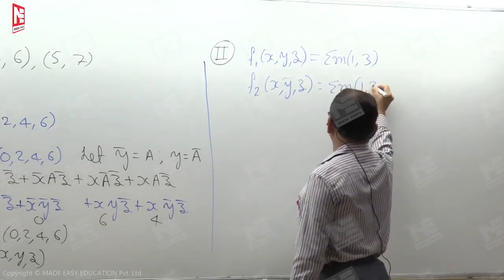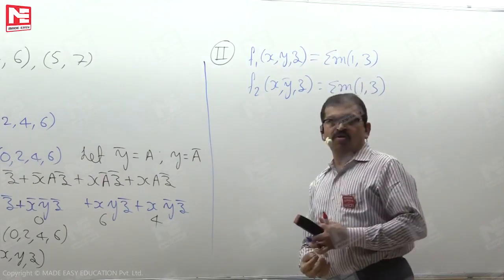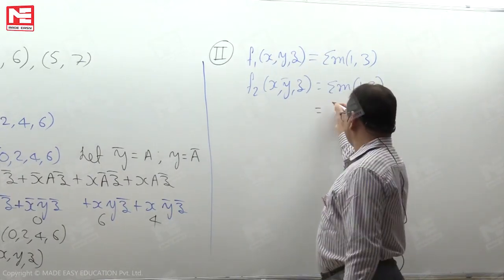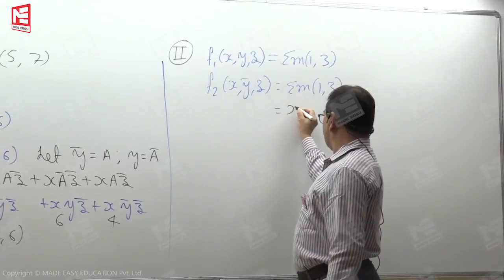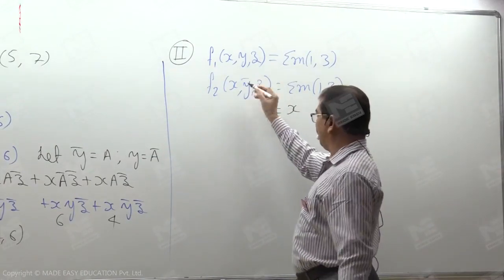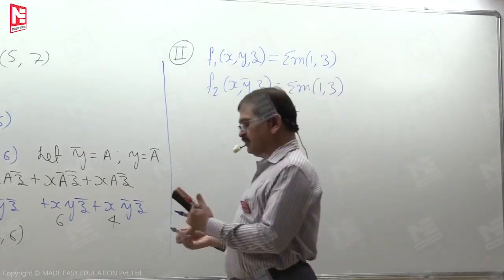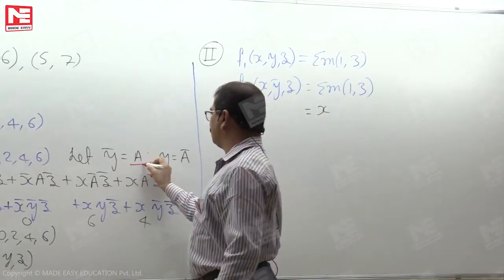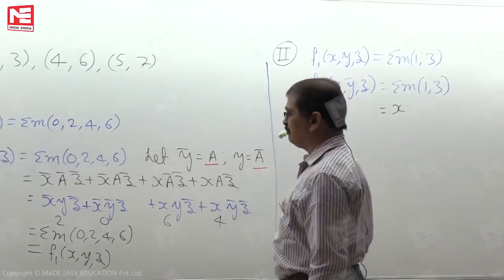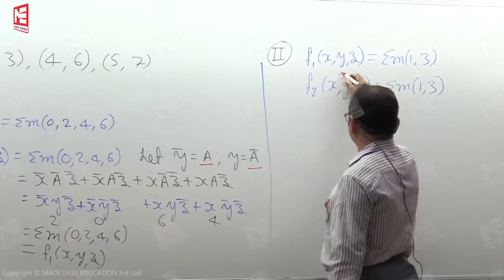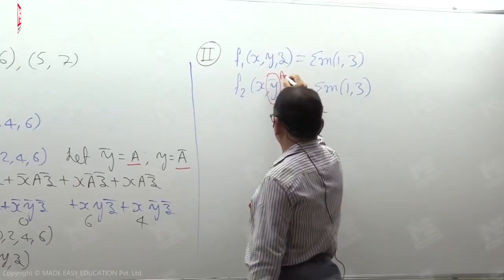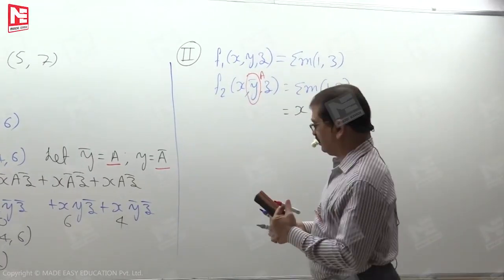The minterms here are also 1, 3. Now, while expanding the product form, as usual, y complement is to be replaced with a, and y will be replaced with a complement. So in terms of a, let me write first.